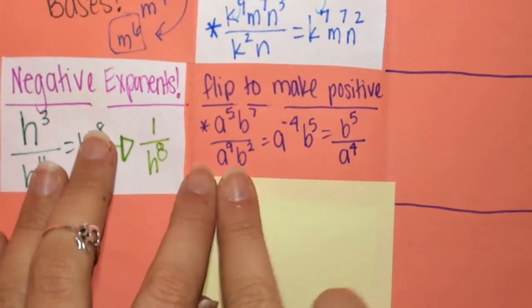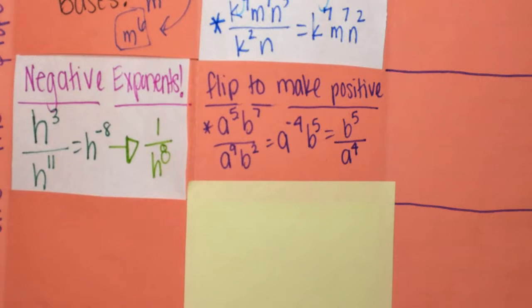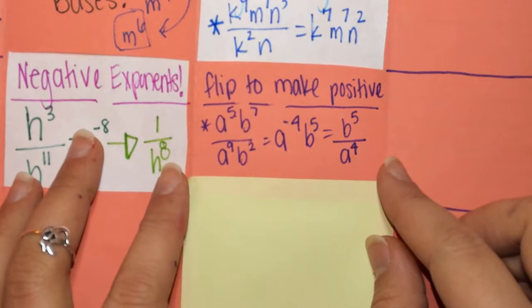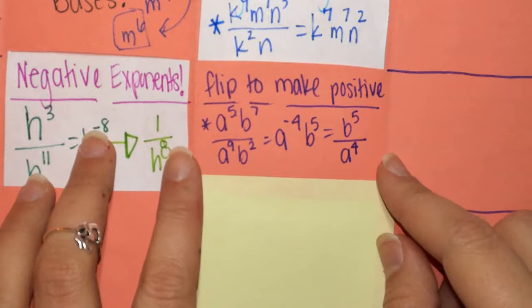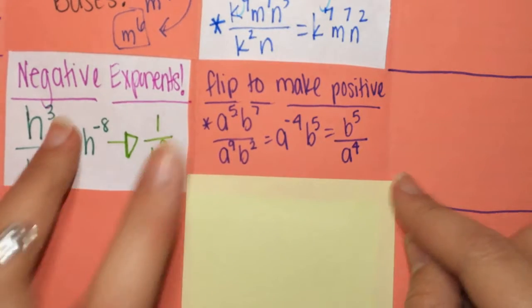If you have room underneath here, you don't have to use a sticky note. But I don't have any room, so I'm using a sticky note. Does everybody understand? There's one more box. I know, man.